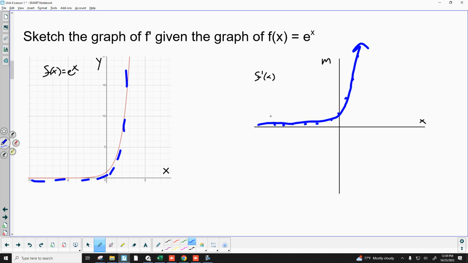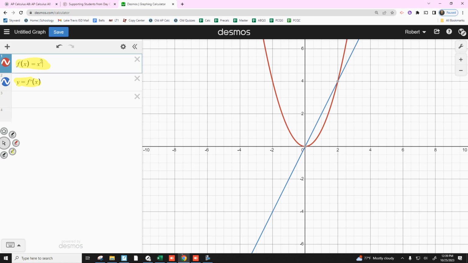Well, the but is in this observation. For every single function, and this is where Desmos is great, the slope or the derivative graph was always different. Like x squared, you sketch the blue line, that's 2x, that's the slope graph, right?